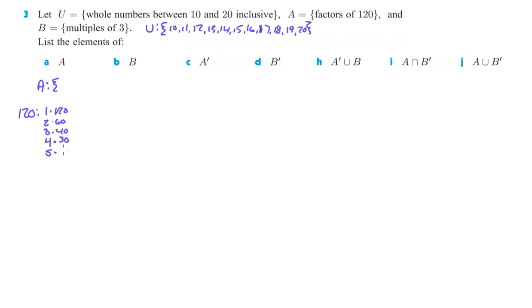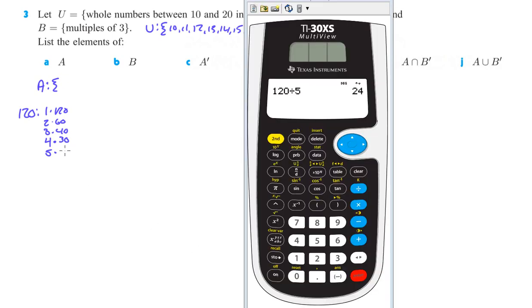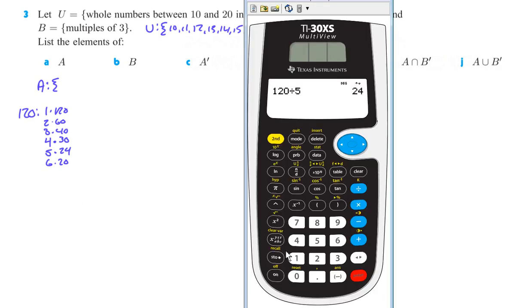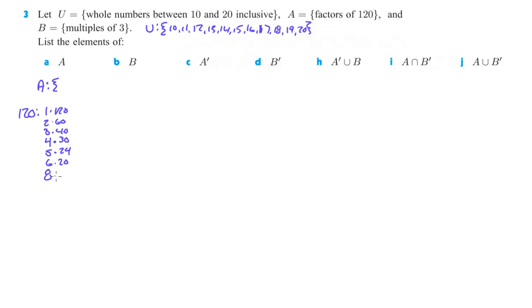Is that 5 times 24? Let's see, 6 times 20, 7 doesn't work, 8, I don't believe, maybe 8 will work, let's check. So 120 divided by 8 gives us 15, so that does work.